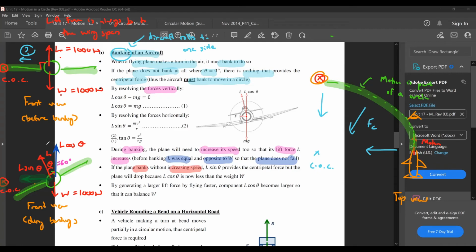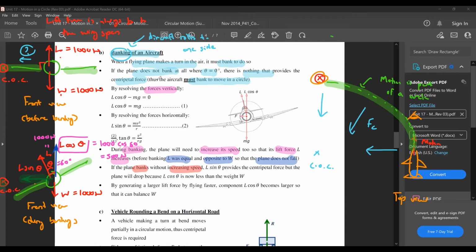So what happens to L cos theta? L cos theta would now be 1,000 cos 60. You actually have 500 Newton only.